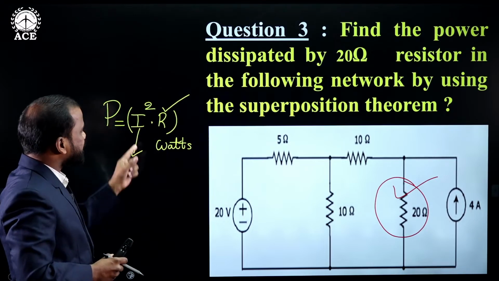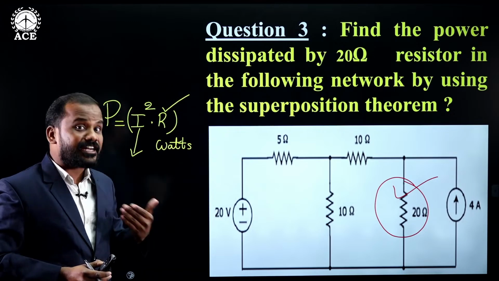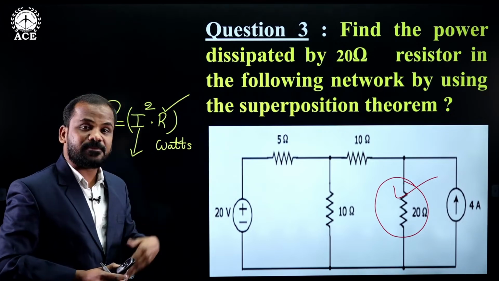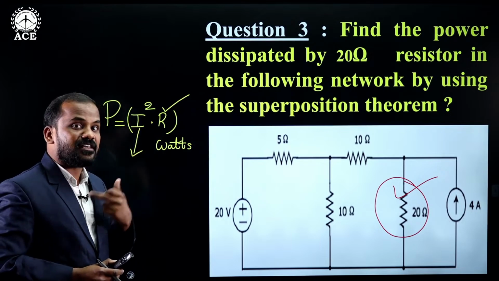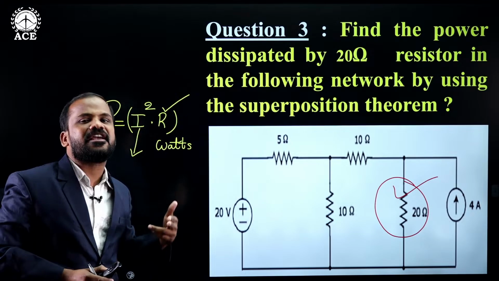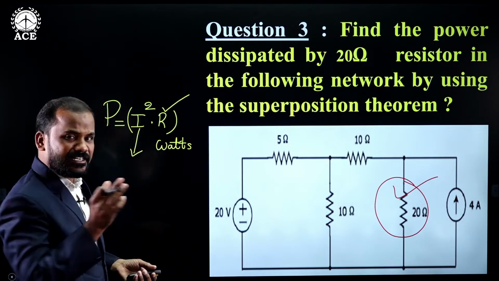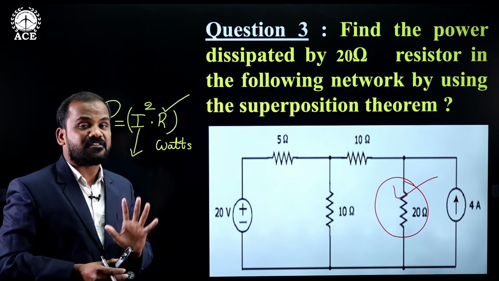Now coming to the current. Here I represents the current, but which current do I need to consider for finding the power dissipated by the 20 ohm resistor in the given network? I need to find the value of the current flowing through the same resistor. Don't consider the total current of the given network.